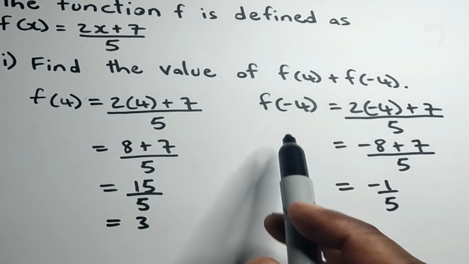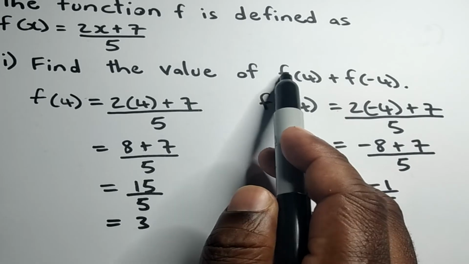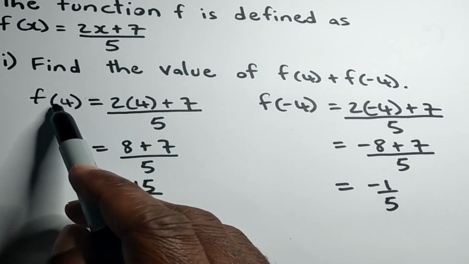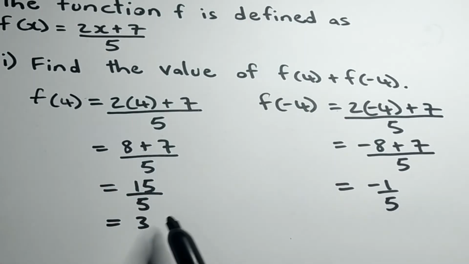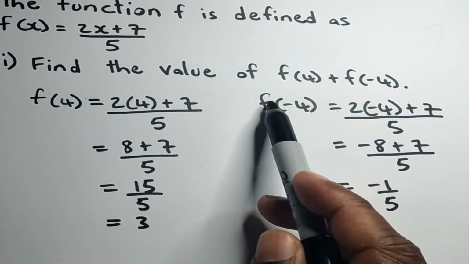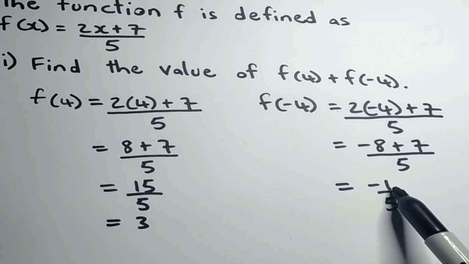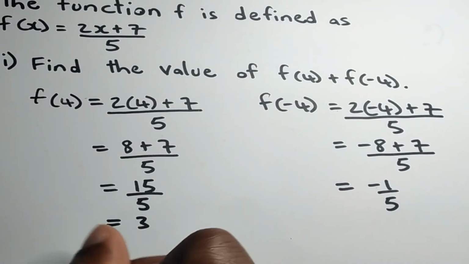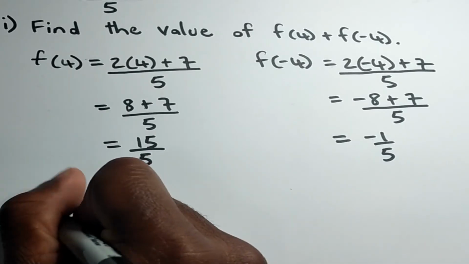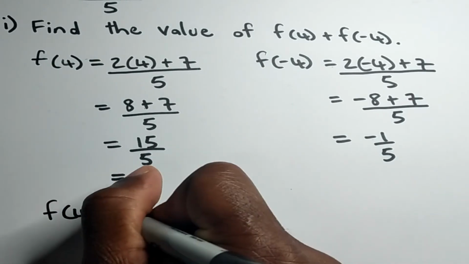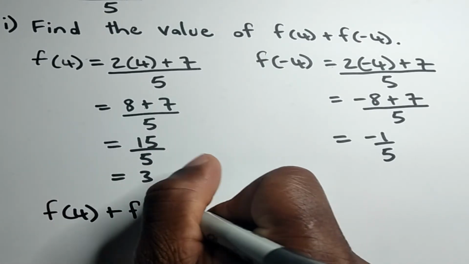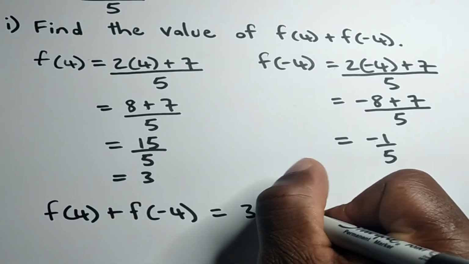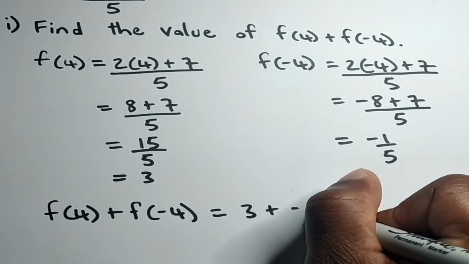Now, they want us to add f of 4 plus f of negative 4. The value we got for f of 4 was 3, and the value we obtained for f of negative 4 was negative 1 over 5. So we're going to add those results: 3 plus negative 1 over 5.